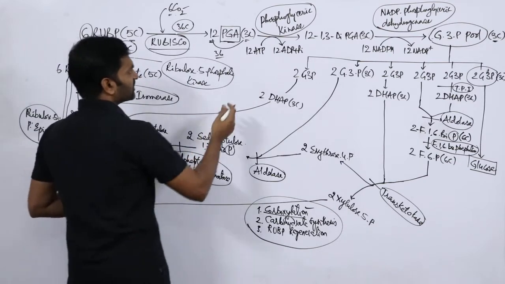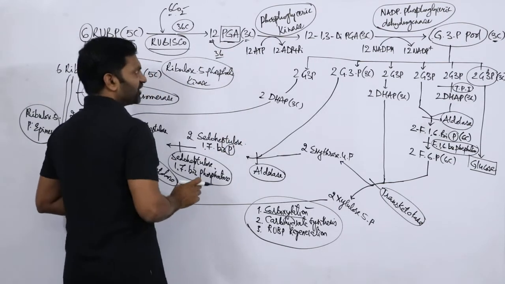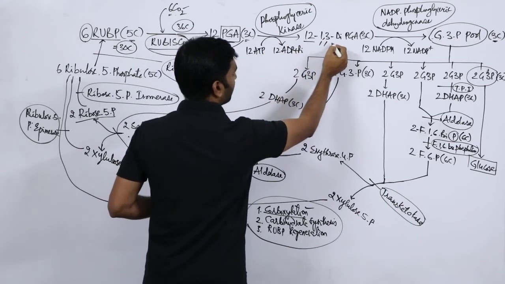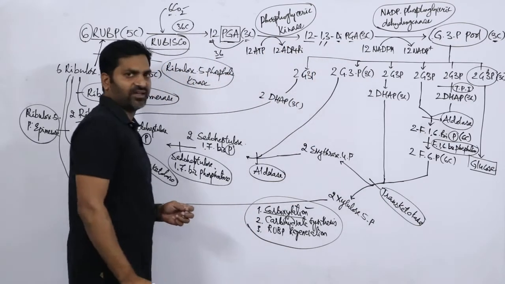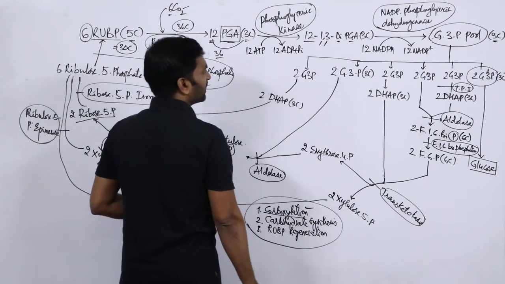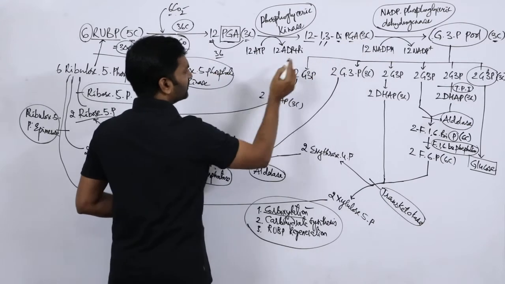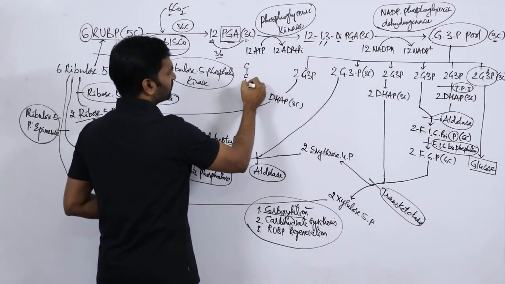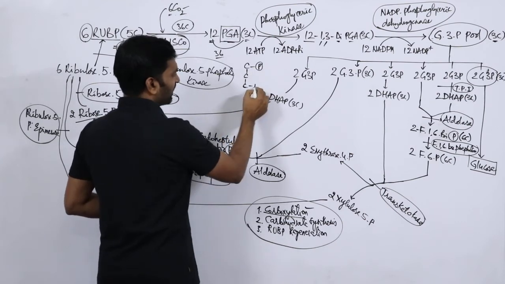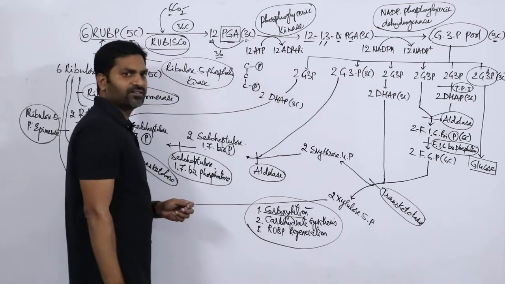Now these 12 moles of PGA are converted into 12 moles of 1,3-diPGA. What happens here? PGA has 3 carbons, for example 1, 2, 3. The first carbon is attached with phosphate and the third carbon is also attached with phosphate.